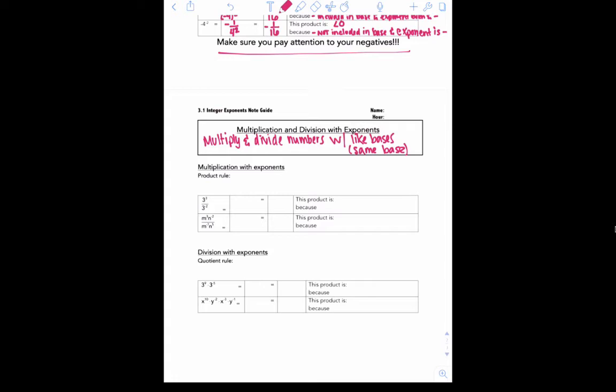So if you have negative exponents in the numerator, you have to move them down to the denominator. If you have negative exponents in the denominator, you need to move them up to the numerator, and then you can multiply or divide. So let's start with multiplication. One thing you need to know is the product rule, which is when you multiply numbers with the same base, you add the exponents.